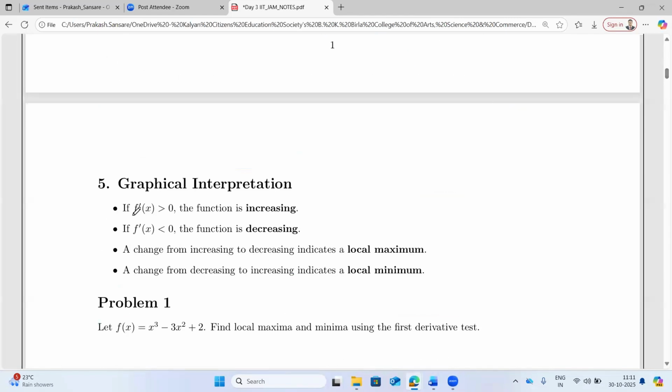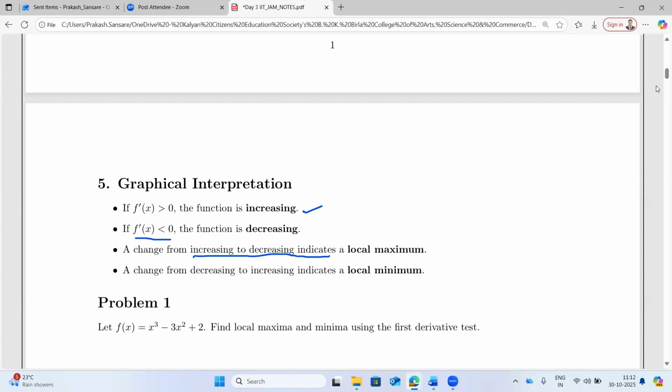Graphically, if f'(x) is greater than 0, we say the function is increasing. I'm sure everybody knows this. Similarly, if the derivative is strictly less than 0, then we call it a decreasing function. So a change from increasing to decreasing indicates a local maxima.